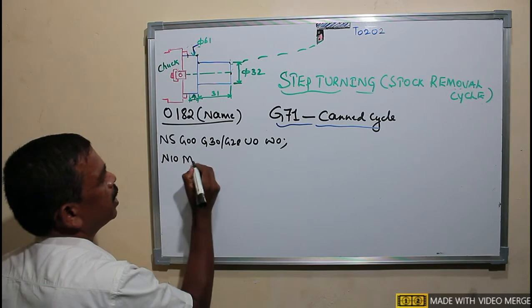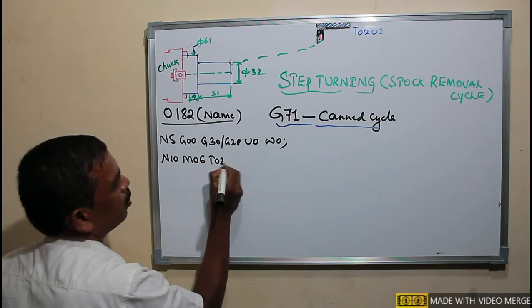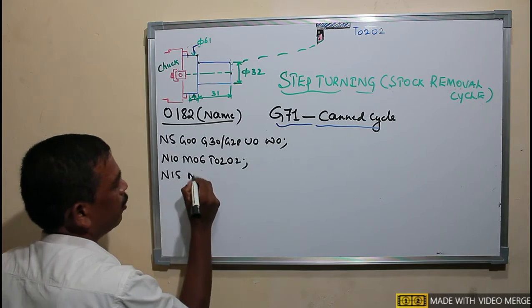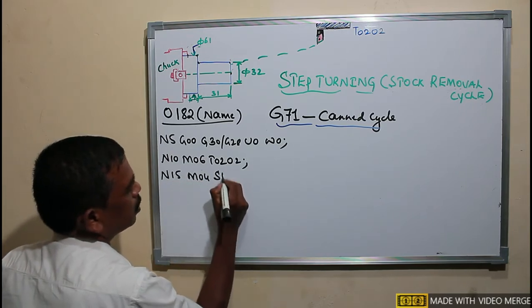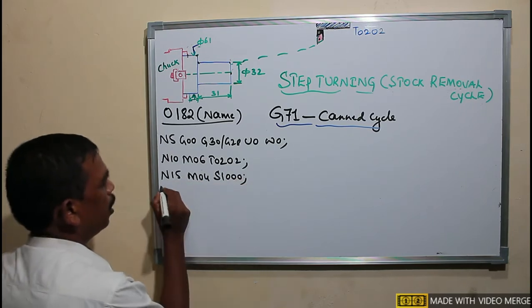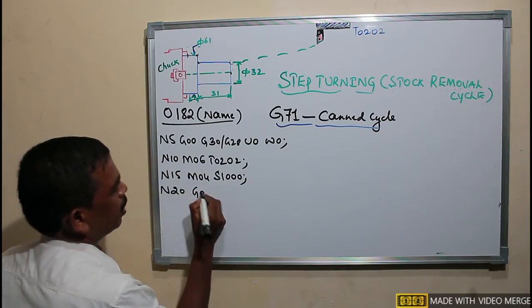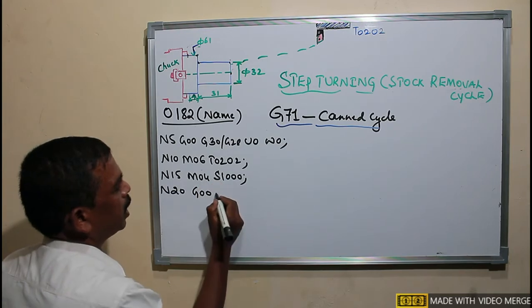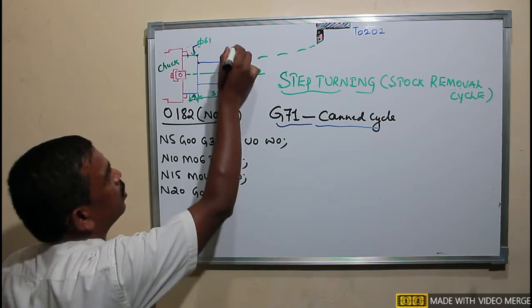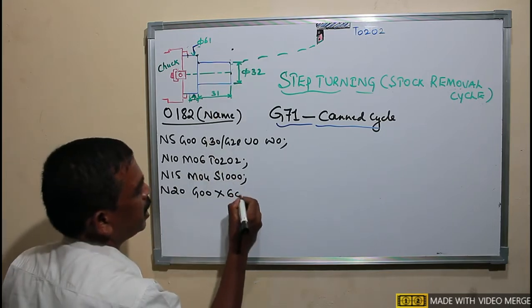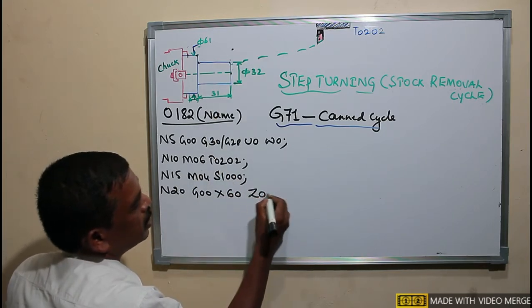Then I will change to tool number 2, offset number 2, and then rotate the workpiece at 1000 RPM. I will position the cutting tool up to here, that is 60 and Z0.